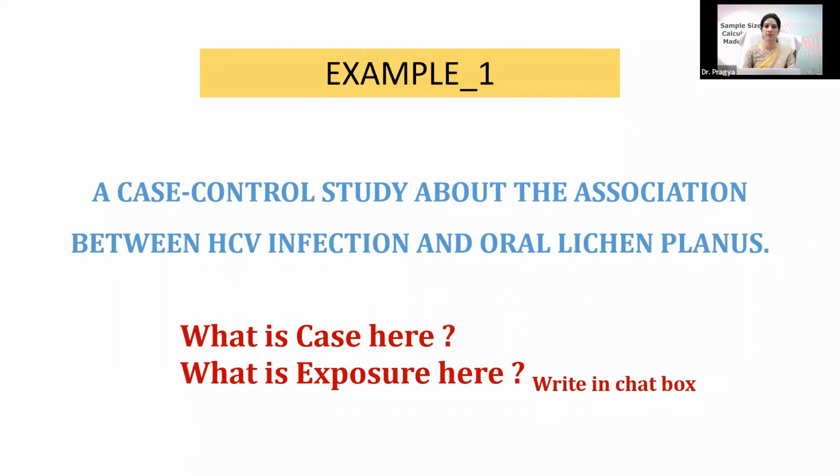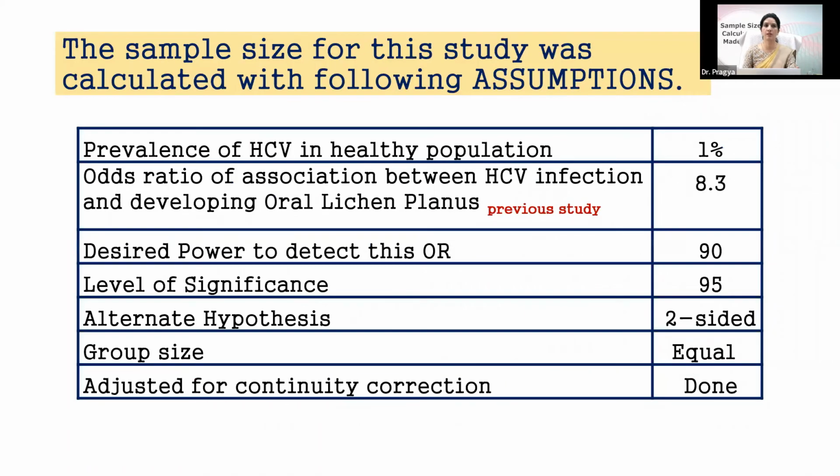So you know this. Now this is the sample size formula. The prevalence of hepatitis C in the healthy population is 1%. Many times you don't know what it will be. When you are calculating the sample size, if you don't know the exposure in the control from previous literature, then you can assume the community prevalence of that exposure in your control, because you assume that you will take healthy controls.